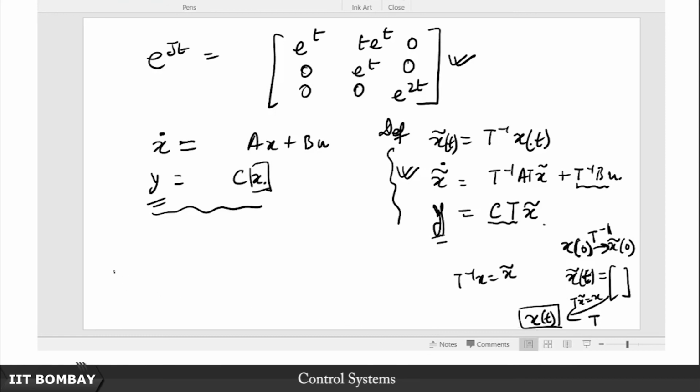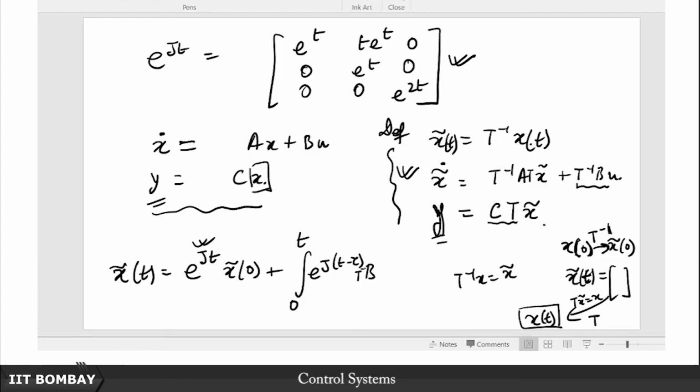So now our goal is to first solve for x tilde of t, which is going to be nothing but e to the Jt, which is easy to evaluate as we have seen earlier, times x tilde 0, plus the integral from 0 to t of e to the J(t minus tau) times B tilde.